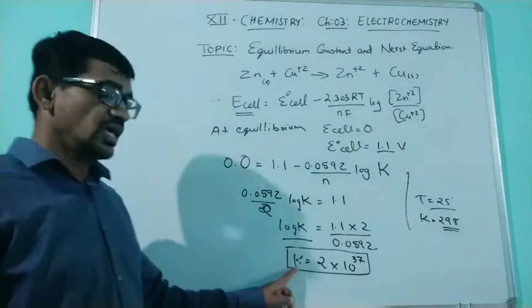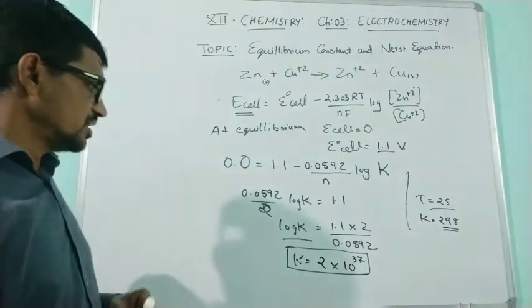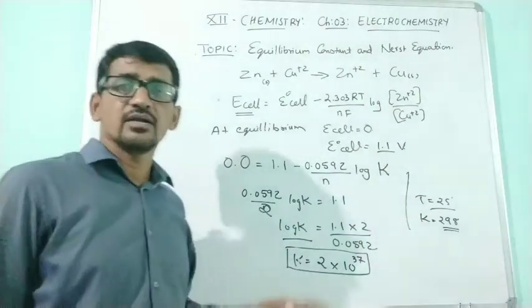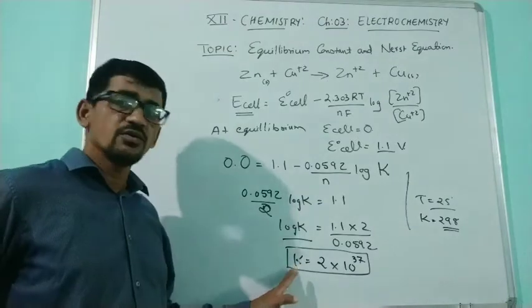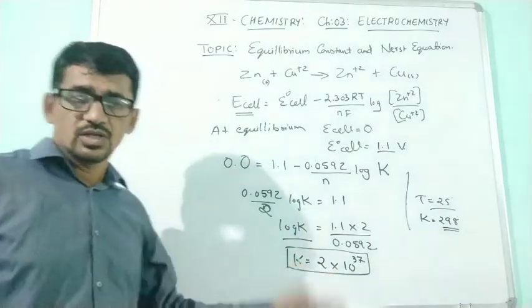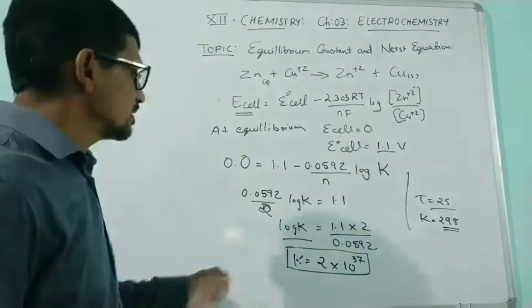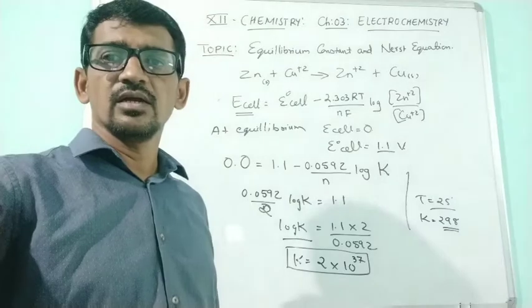Okay. So the K value is coming very high for the Daniel cell. From this, if the concentration you change, then the K value for a different cell will be different. And from this you can find the K value. In the last we discussed how you can relate this K value and cell potential. That I am writing, the equation.